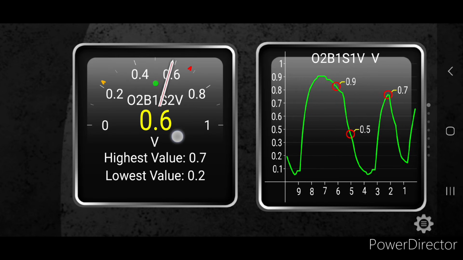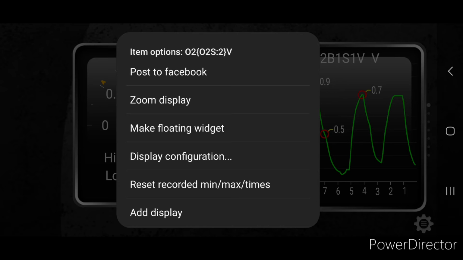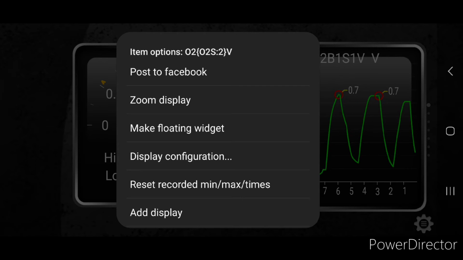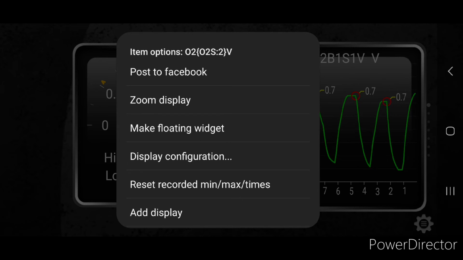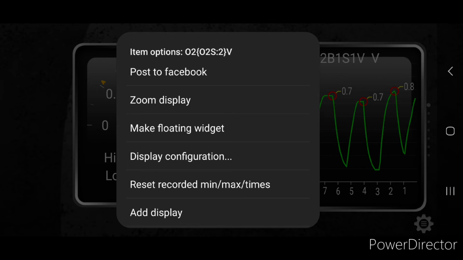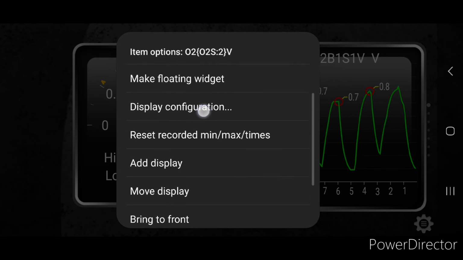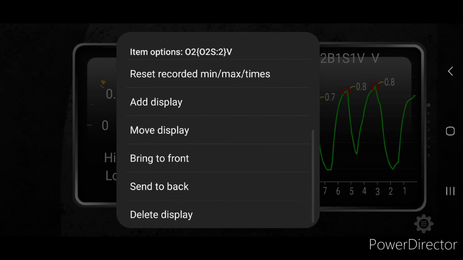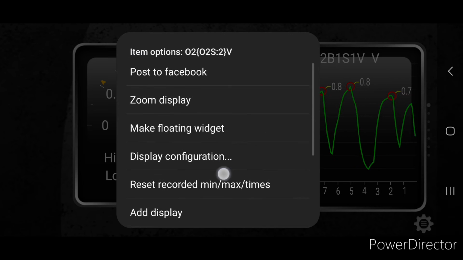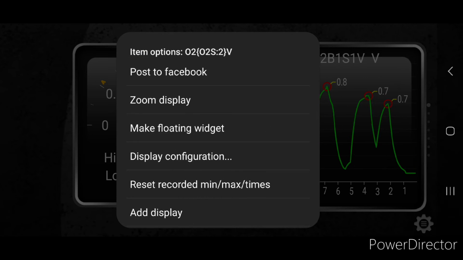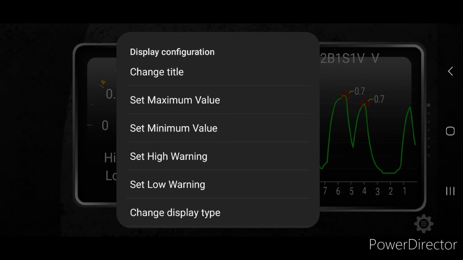Let's check whether we can put this one into graph mode. Let's set record minimum maximum on display. Move display, bring to front, send back, delete display.